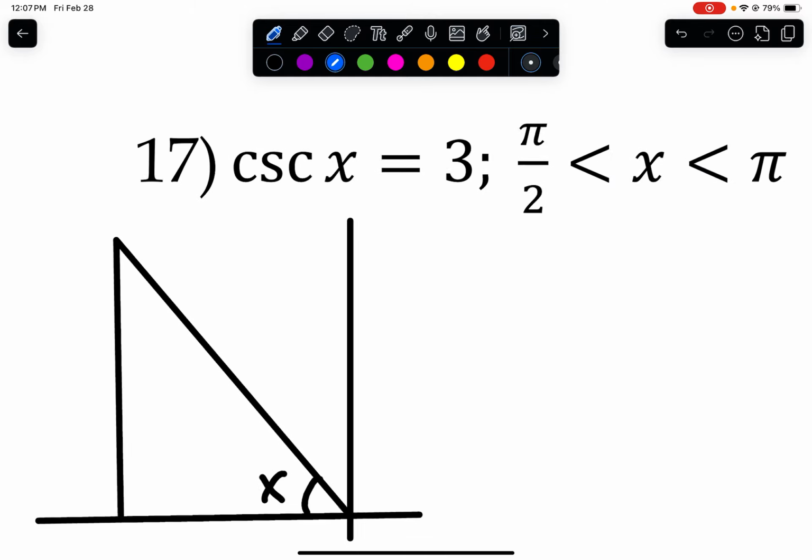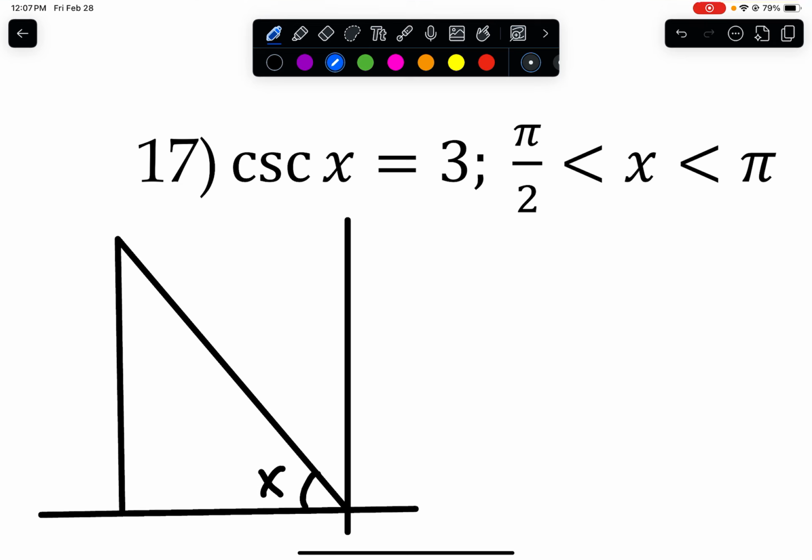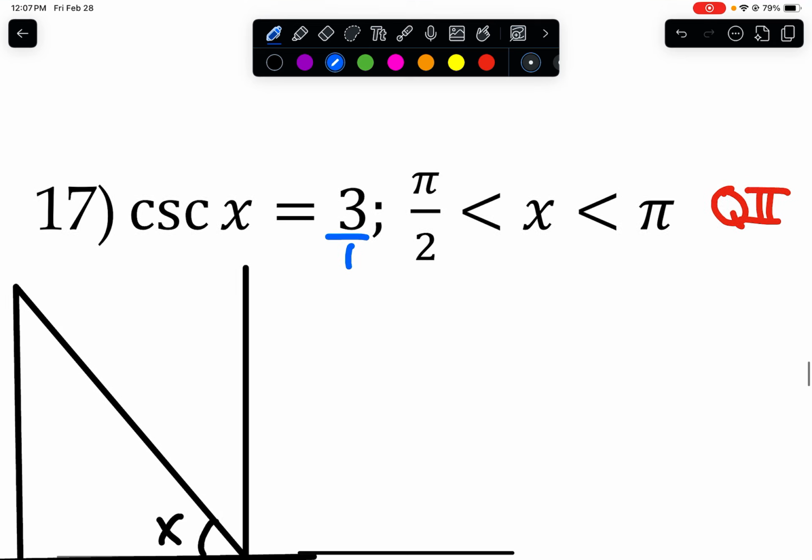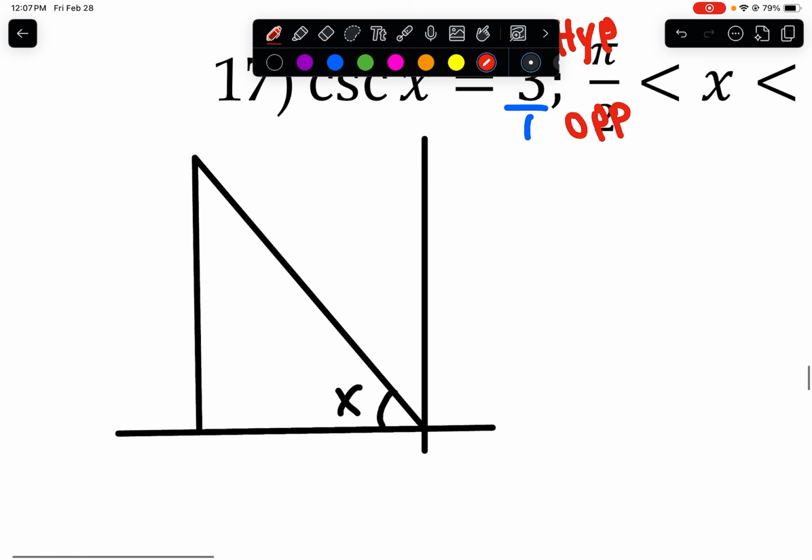If I'm given cosecant of x is equal to 3, this is the same as 3 over 1, and cosecant is the reciprocal of sine. So instead of opposite over hypotenuse, we're going to do hypotenuse over opposite. So that tells me that my hypotenuse is 3, and the opposite is 1.